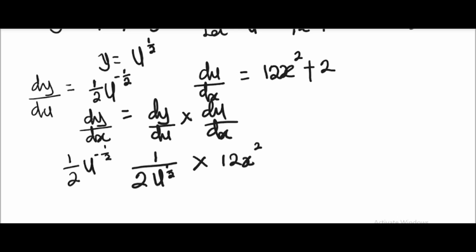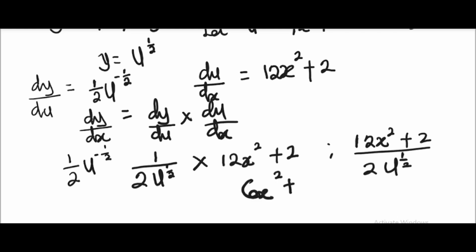From the numerator, I'm seeing something common, which is 2. If I factor out 2 from the numerator, we would have 6x squared plus 1 all over u raised to the power of half. So what's our u?